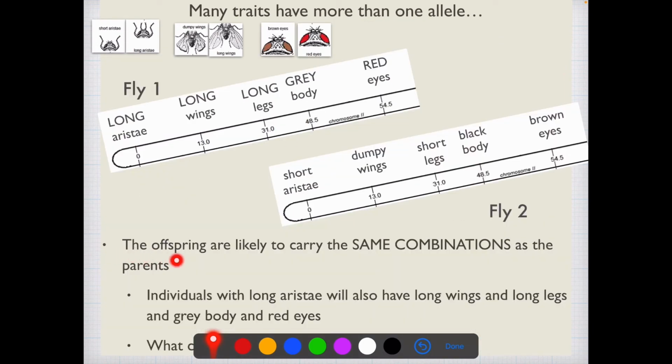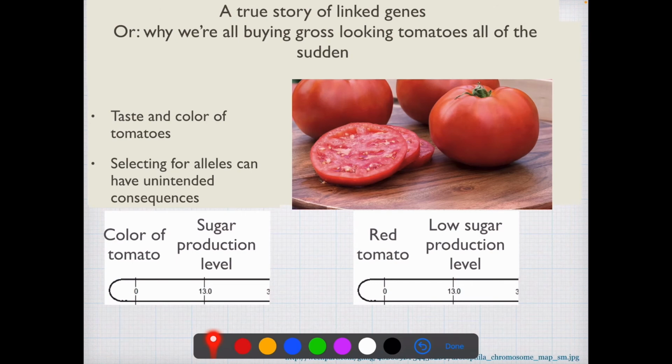And so to sum that up, again, the offspring are likely to carry the same combinations as the parents. So individuals with the long aristae or antennae will also have long wings and long legs and a gray body and red eyes. So what does this mean for us?